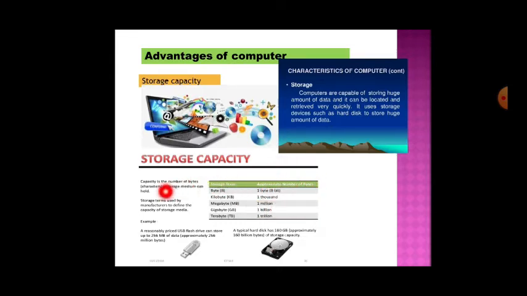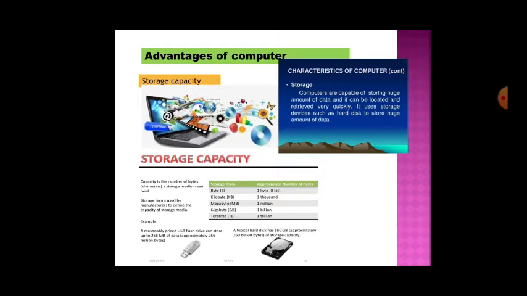It is the capacity of the storage medium, the capacity the storage can hold. Storage terms are used to express different capacities of the storage media. For example, a reasonably priced USB flash drive can store up to 256 MB. So what is 256 MB? 256 into 1 million. So it is a huge amount of data.